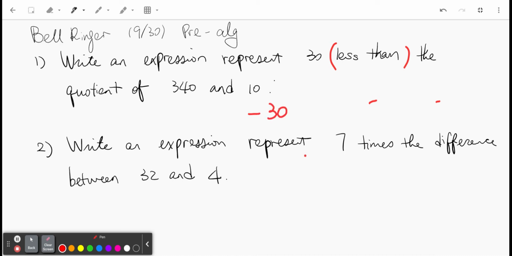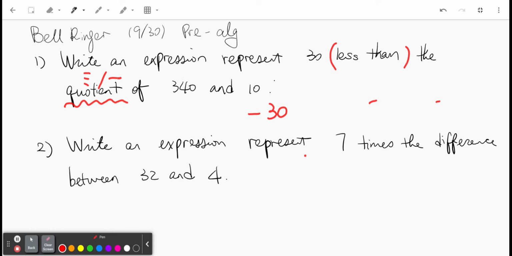And then what is the number that we minus 30 from? After less than, it says the quotient. What is quotient? Quotient means divide. So quotient is divide, or you can use a fraction line.